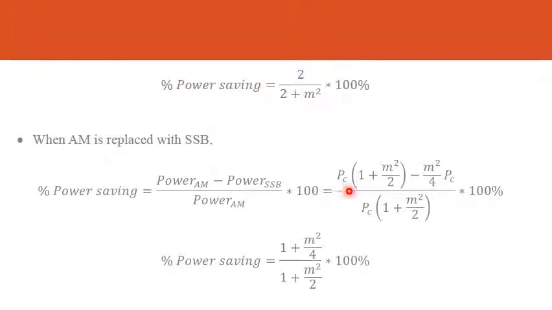This is equal to (Pc into 1 plus m square by 2 minus m square into Pc by 4) the whole divided by Pc into 1 plus m square by 2, into 100. So the percentage of power saving is equal to (1 plus m square by 4) the whole divided by 1 plus m square by 2, into 100. So this much power can be saved if you replace AM with single sideband.